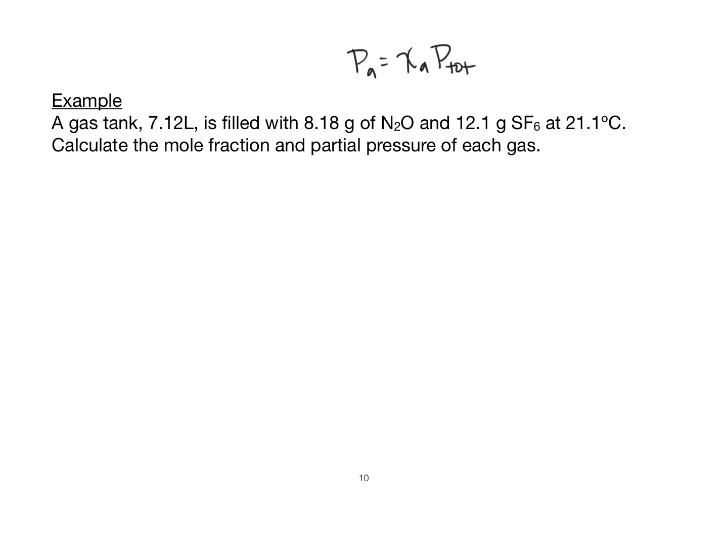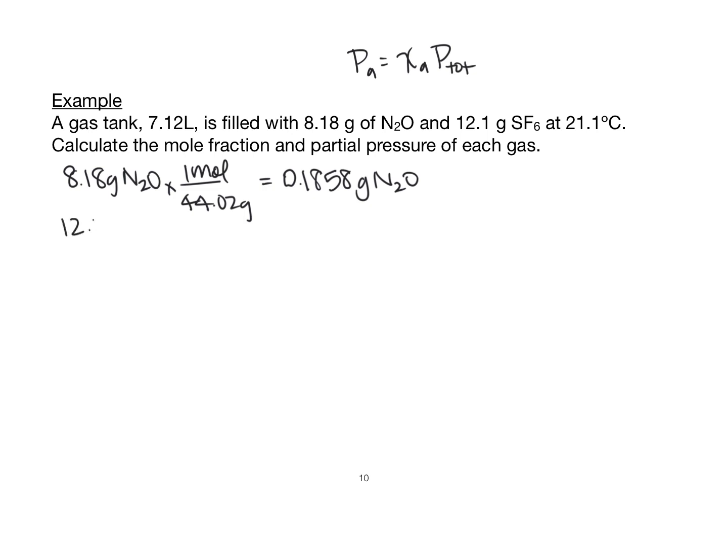So in this case, I'm going to take my 8.18 grams of N2O, divide by 44.02 grams in 1 mole. So that gives me 0.1858 moles of N2O. We're going to do the same thing for SF6, so 12.1 grams of SF6.